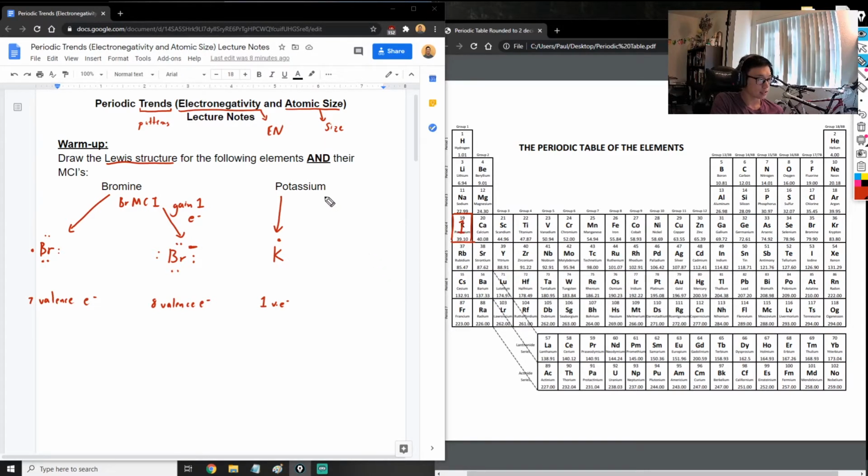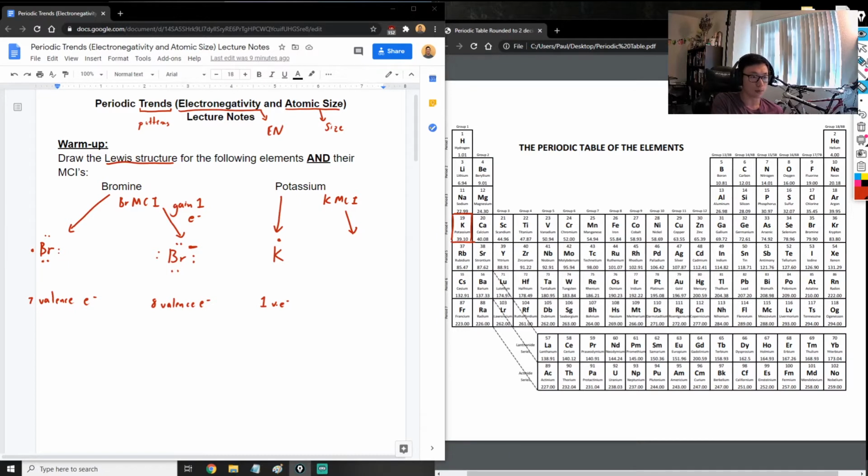Alright, for potassium's MCI, we need to figure out if it wants to gain or lose. So if we take a look at potassium, potassium is on the left side. What it can do is lose 1 and get rid of this shell, or it can gain all of these. So what do you guys think is easier? Okay, obviously losing 1 is going to be easier.